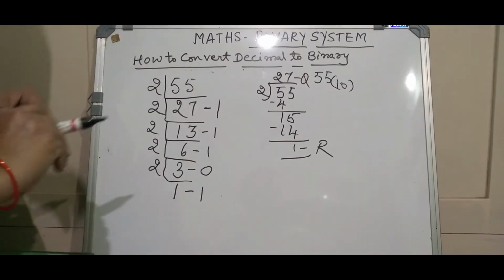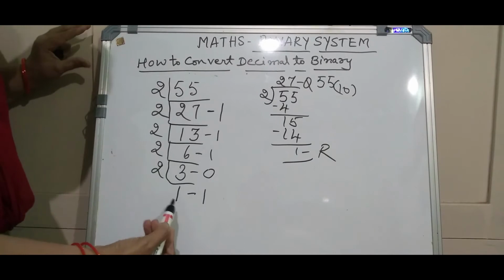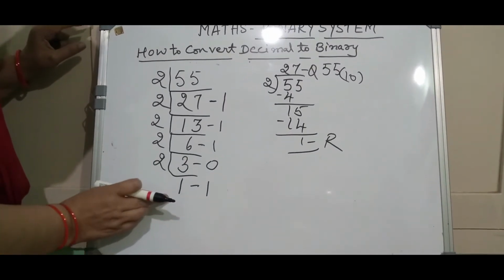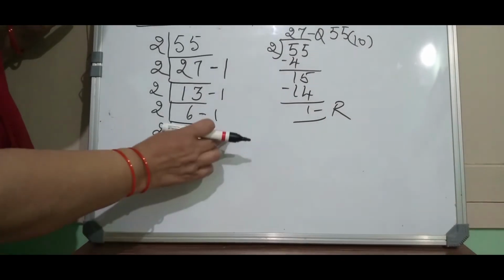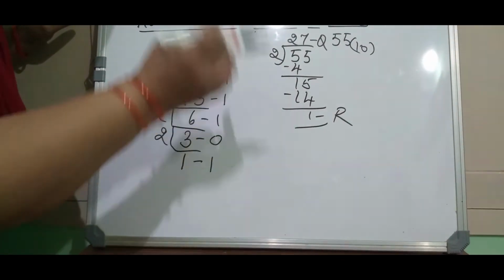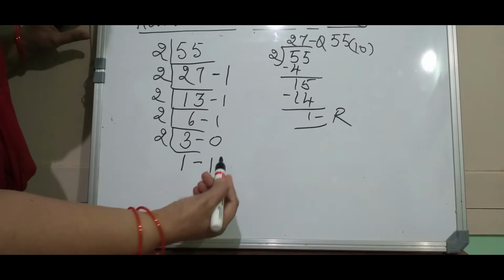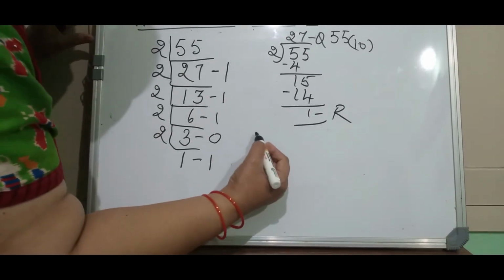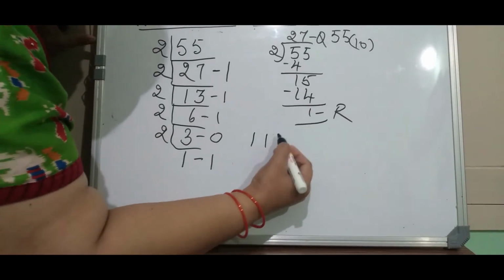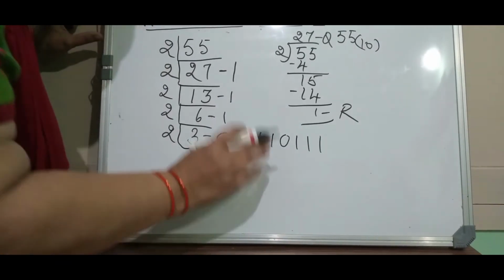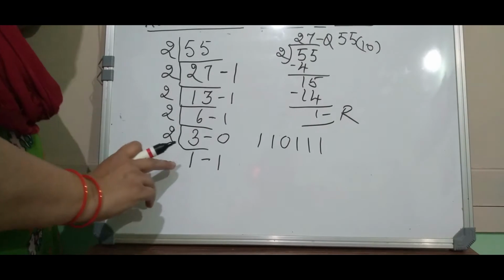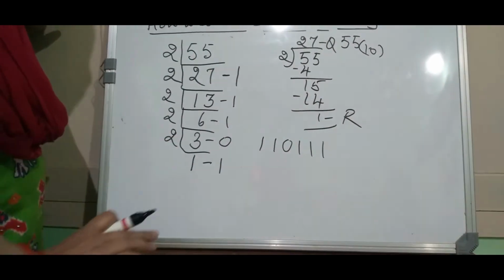And to write the answer, let me consider like this. See, you have to count the numbers like this. 1, 1, 0, 1, 1, 1. Like this only you have to go on counting. See, this is 1, 1, 0, 1, 1, 1. Here, the one special thing is you have to read the digits separately.